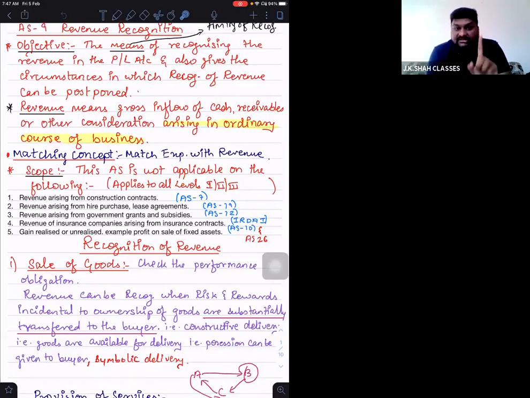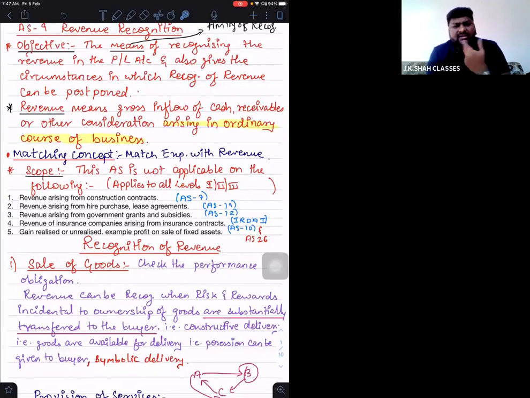And if that is satisfied, then only you can record the revenue in the books of accounts. So that is a mandatory clause: the ultimate collection is certain. Because if ultimate collection is not certain, AS9 does not permit you to record the revenue. AS9 clearly says that you have to postpone the revenue if ultimate collection is uncertain at the time of sale.